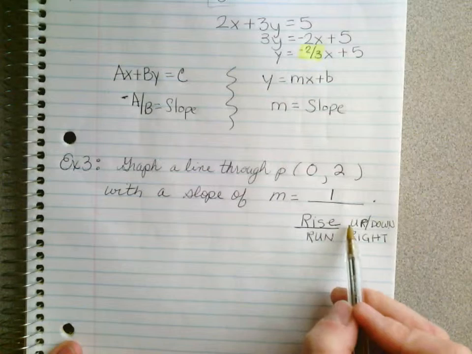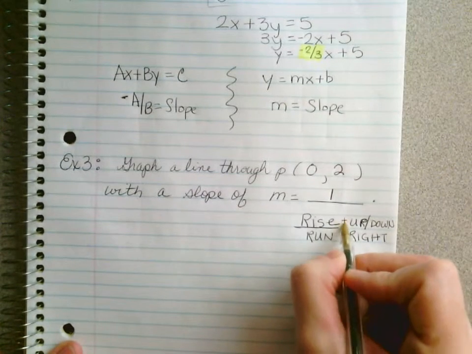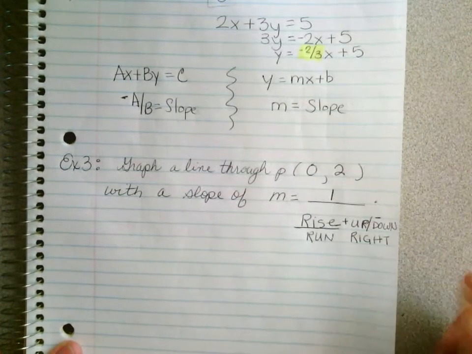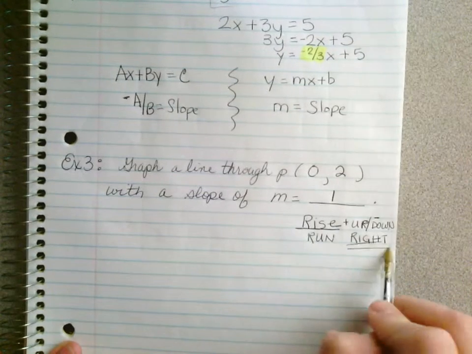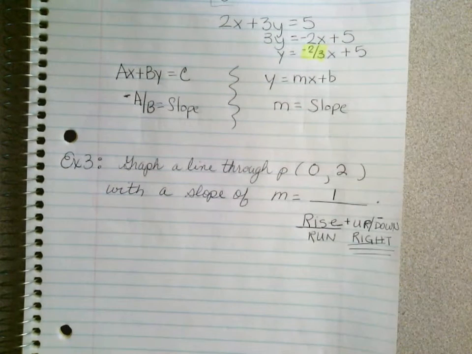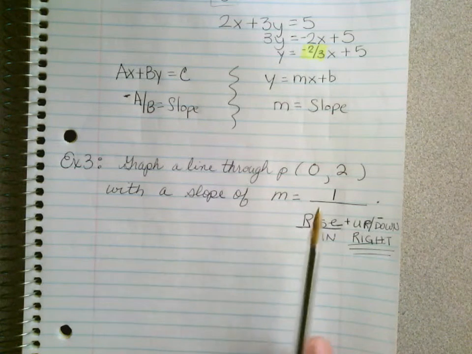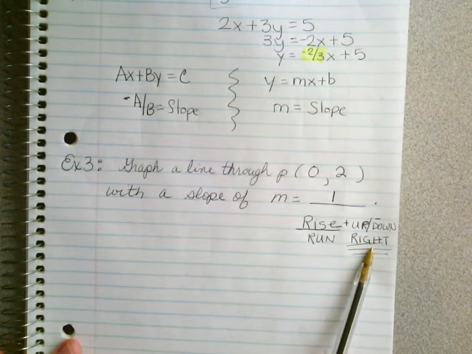Okay? Rise is up if it's positive, down if it's negative, but we always move right. Run in the normal universe, like when you're looking at a ramp or roof, you might be thinking, well, it could be right or left. But in mathematical terms, using slope, run always moves right.